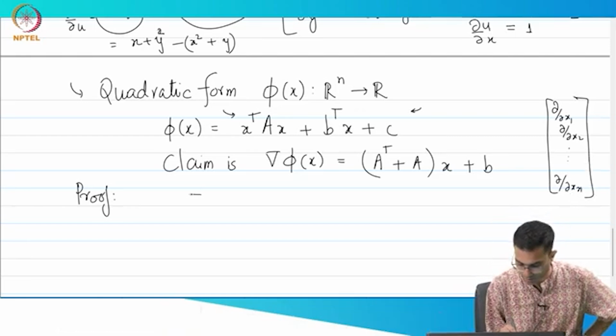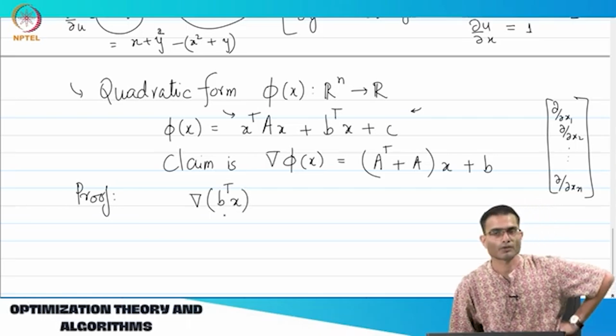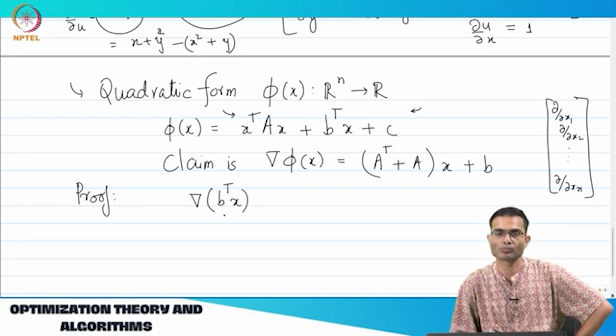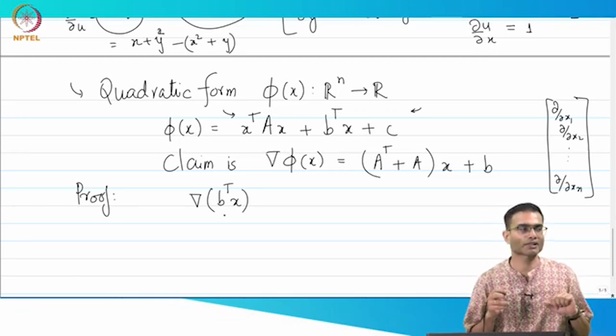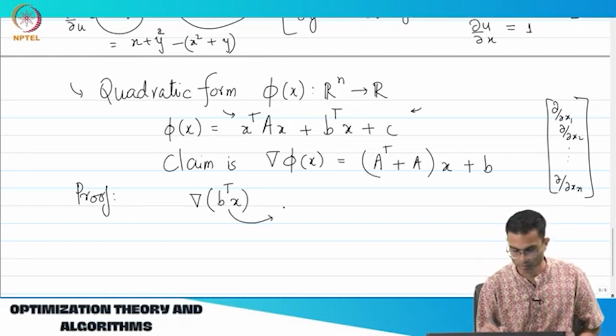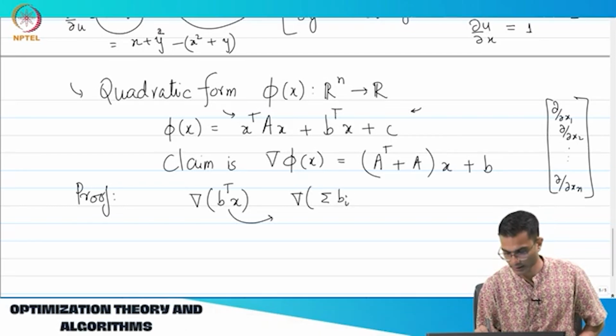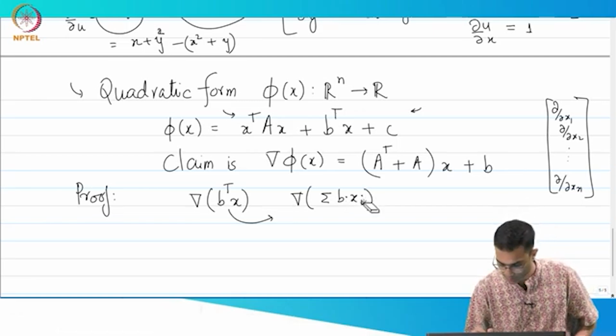Okay, so now let's try to find out what is the gradient of this guy. So how would we work it out? When in doubt, expand. So B transpose x, can I expand it in terms of the individual components, right? What would that be? Summation of Bj xj. Okay, actually let me make that Bj.